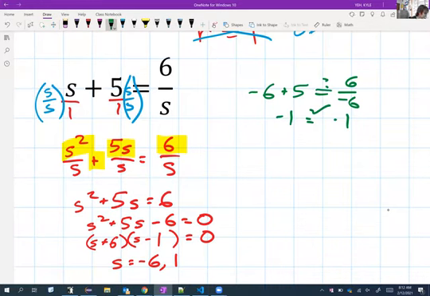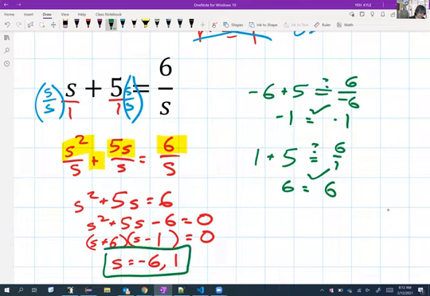Negative 6 is a good answer. What about plugging in 1? We would get 1 plus 5. Does it equal 6 over 1? We didn't divide by 0, so it's looking good. And sure enough, 6 equals 6. So this one had 2 answers. That'll happen. Get a common denominator, solve the numerators, and you'll get however many answers you are supposed to get.